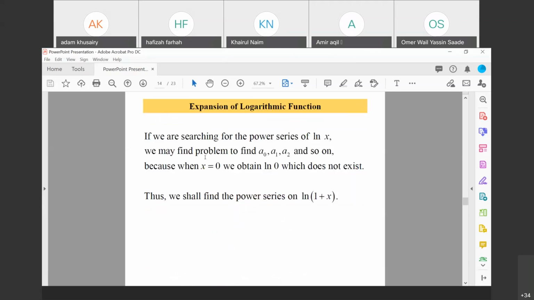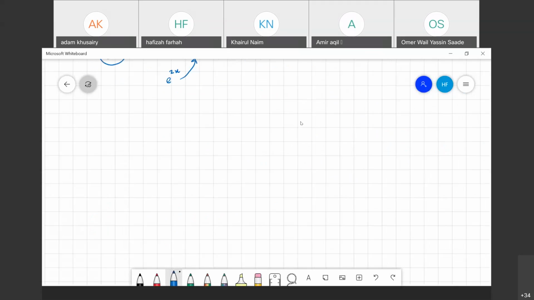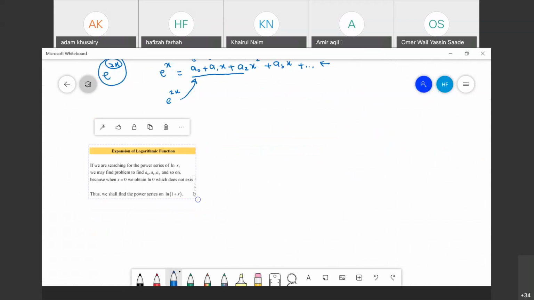So for ln x, we will also use the power series, which is equal to a0 plus a1x plus a2x squared and so on.